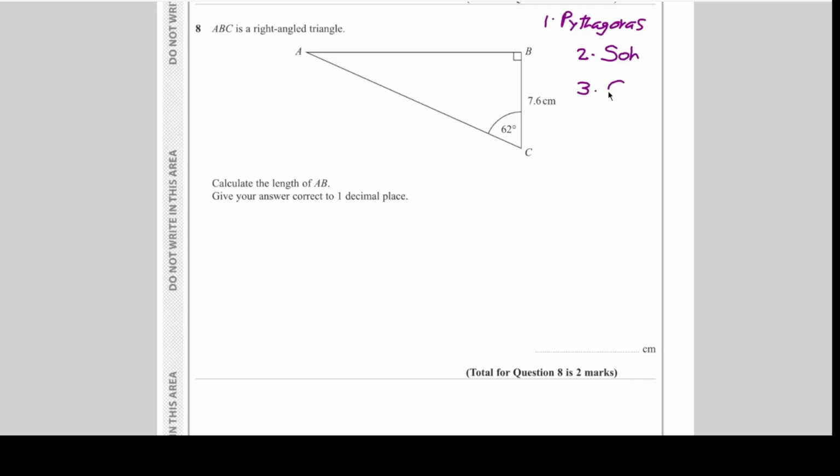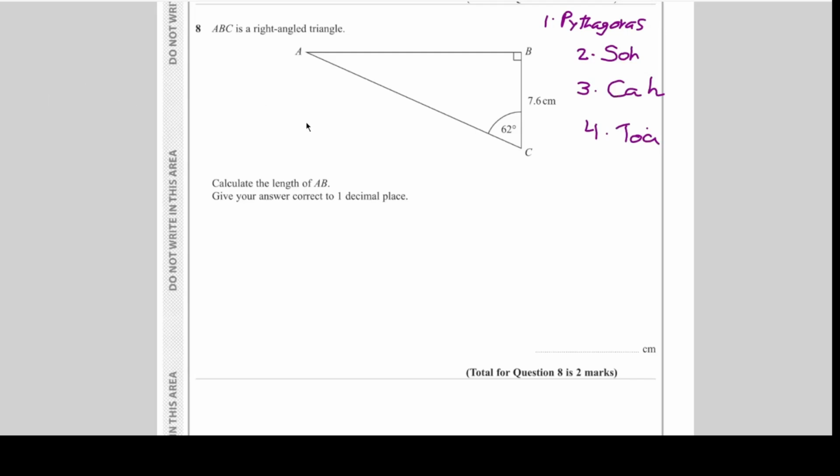So we can apply SOHCAHTOA when we've been given a side and an angle, or obviously when 2 sides are given. But for Pythagoras, necessarily 2 sides should be given. So those are the 2 scenarios.